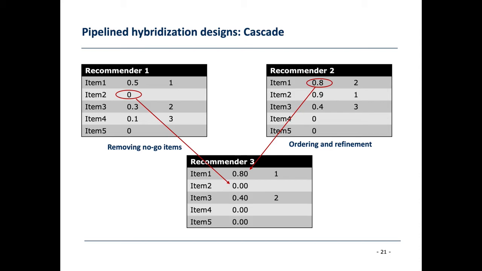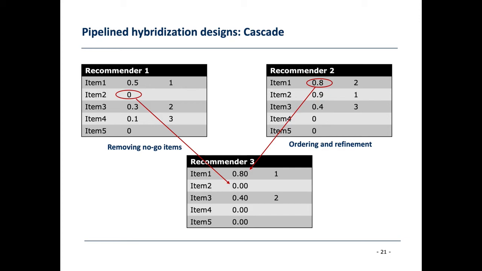The score that is presented to the end user comes from the second recommender in the cascade, recommender 2, and you can see that the only recommendations which can be made by 2 are items 1, 3 and 4. Sorry, items 2 and 5 were removed by recommender 1.